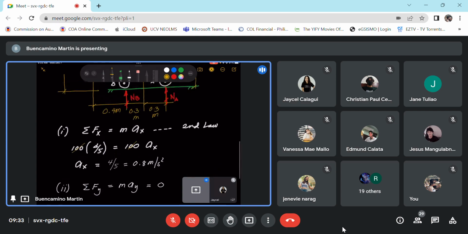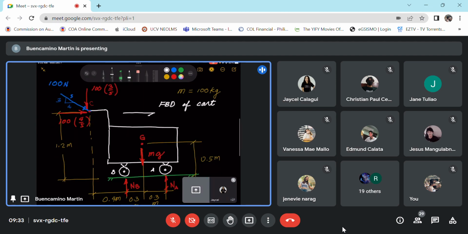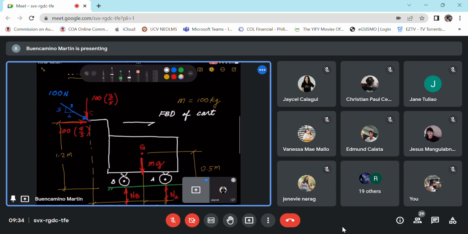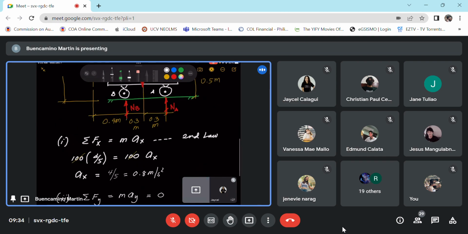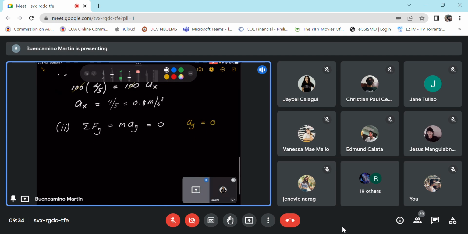And so, viewing our free body diagram again, we can see that there are several forces that are acting along y. Okay, and we have the normal reaction at B plus the normal reaction at A. Then that would be minus mg, yung resultant weight ng cart.